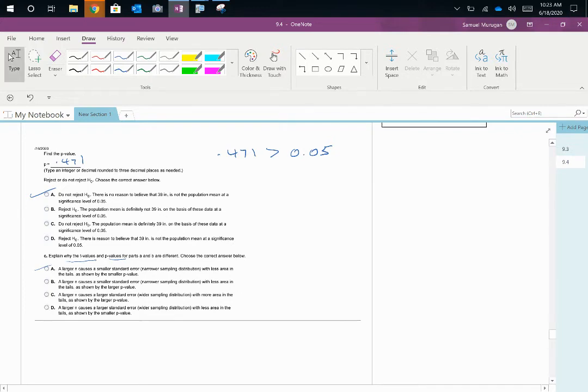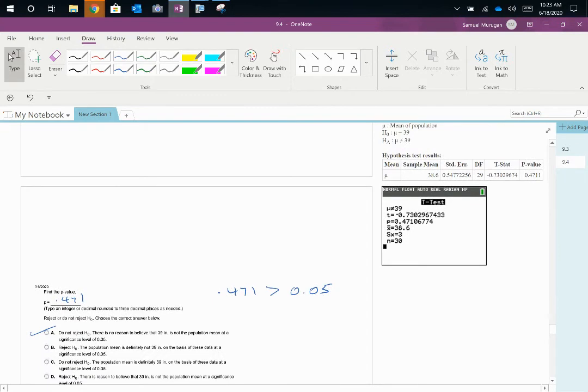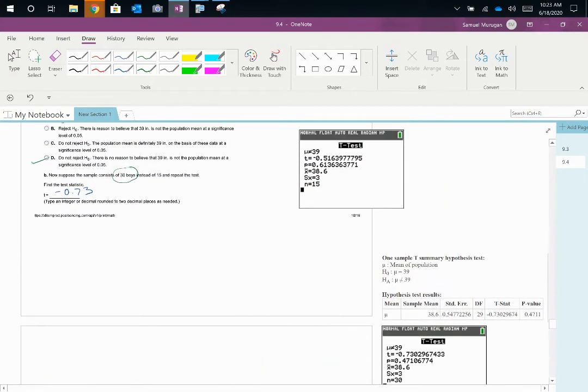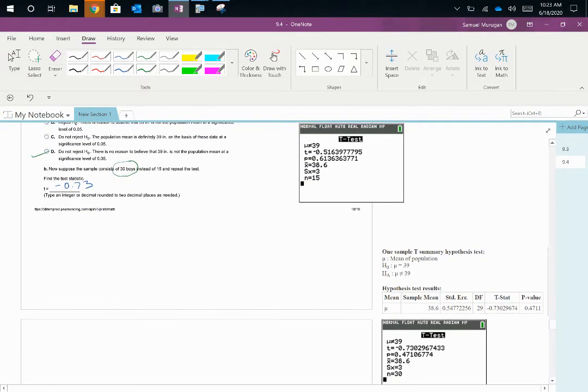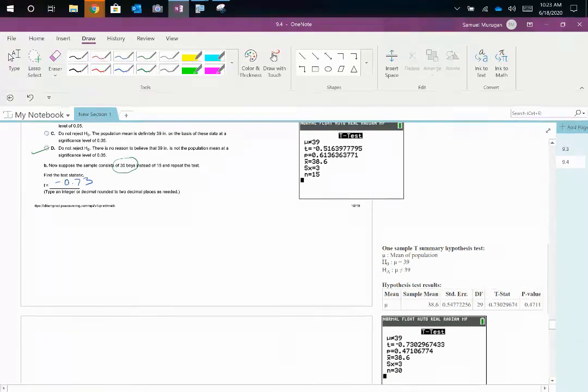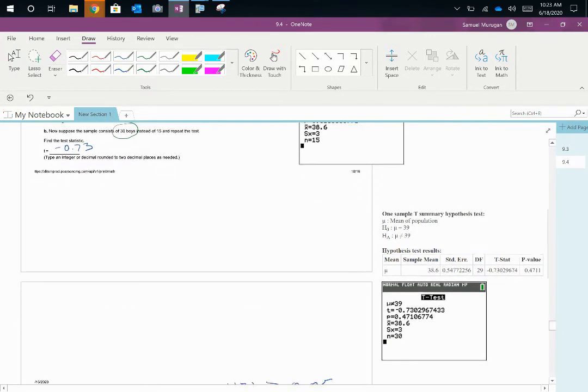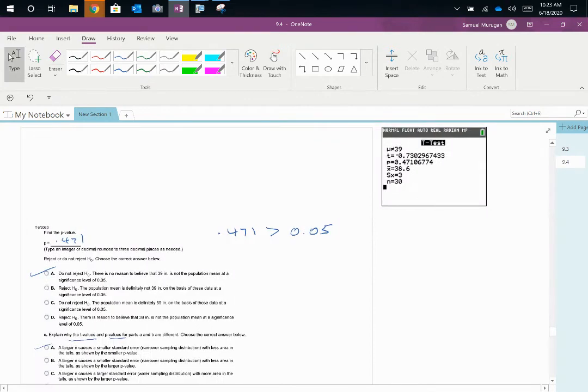In other words, the p-value for the smaller sample was 0.614, and the p-value for the larger sample size is 0.471. So 0.471 gives a smaller tail area.